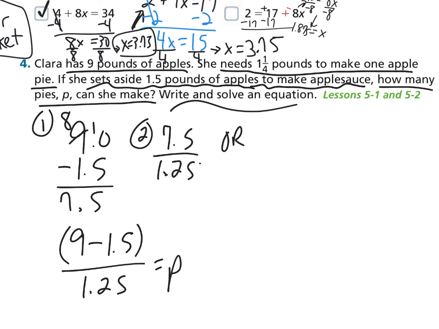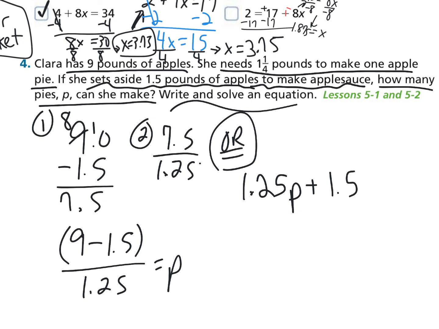Another way of doing this, you could say that 1.25 pounds times how many pies we make plus the 1.5 pounds that we set aside would be equal to 9 pounds.